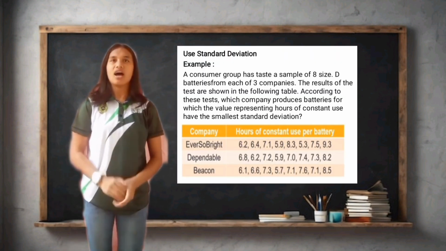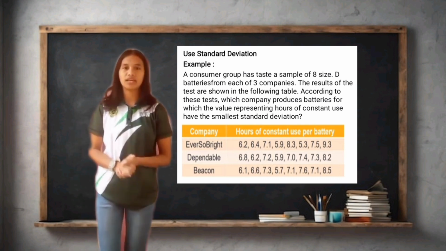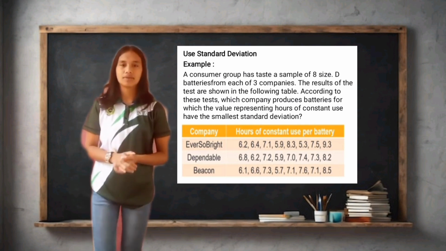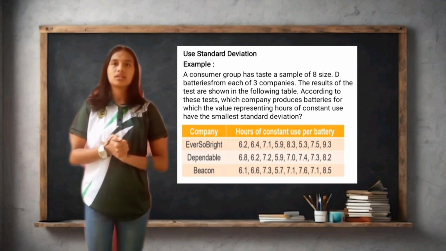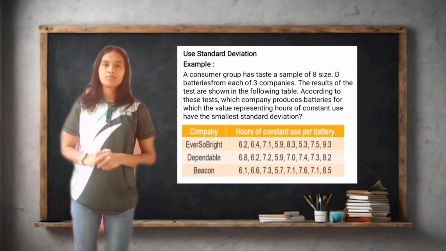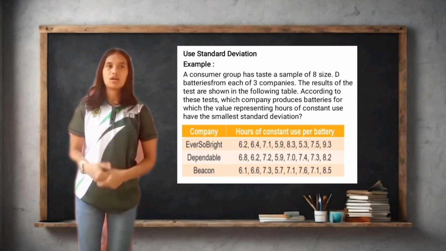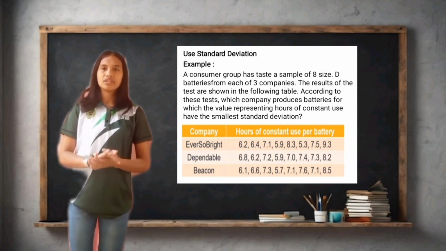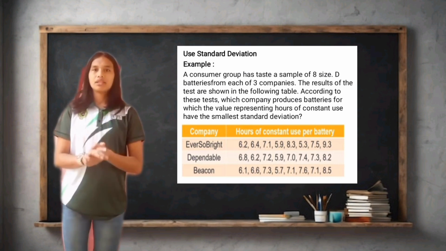Use standard deviation. A consumer group has a test sample of 8 batteries from each of 3 companies. The results of the test are shown in the following table. According to this test, which company produced batteries with the smallest standard deviation in hours of constant use? The companies are Ever So Bright, Dependable, and Beacon.